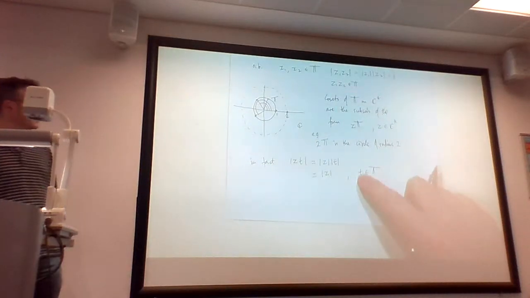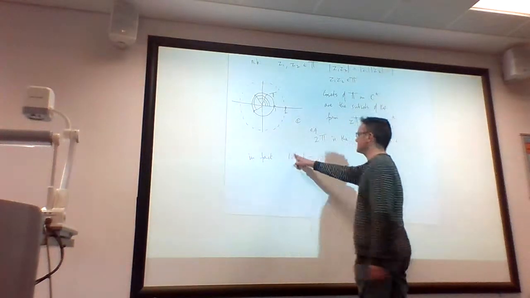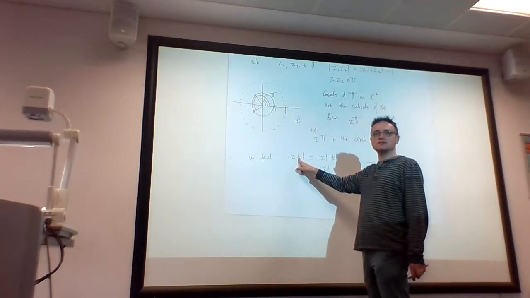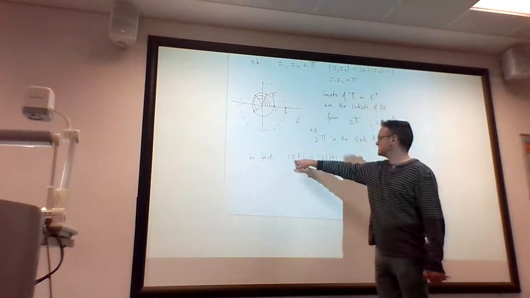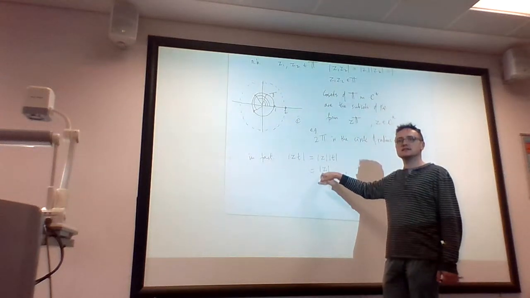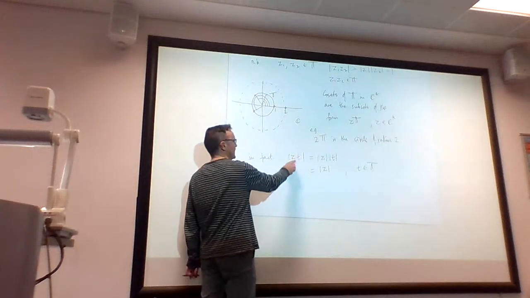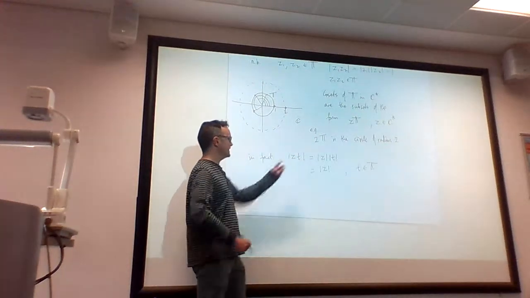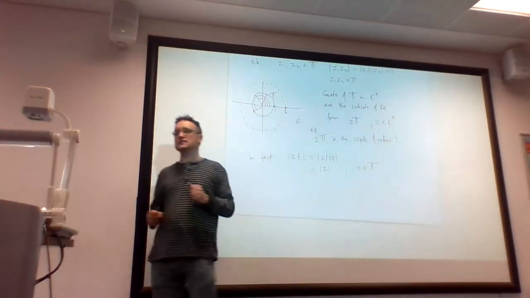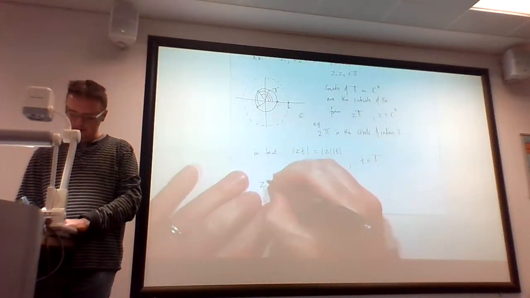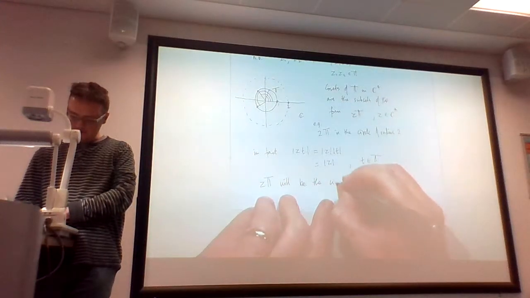It's a bit strange to call a complex number t, but these are the things that make up the cosets, these products z times t, where t is an element of the subgroup. What's the modulus of this thing? Well, it is just the modulus of z. So every element within the coset generated by z has the modulus of z. So zT will be the circle of radius modulus z.